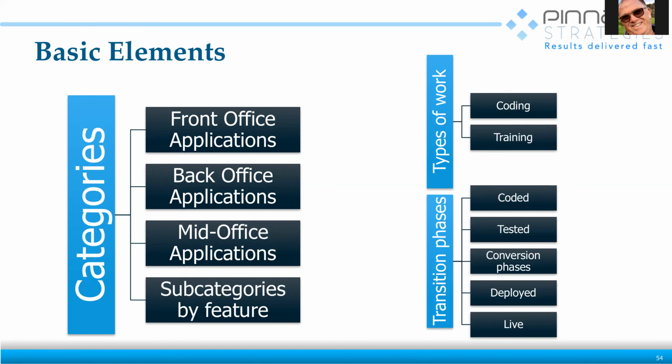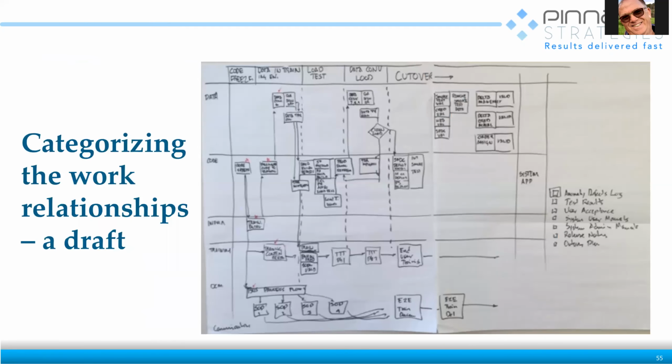And of course, it was hard for us to make sense of that PowerPoint presentation. So we started with a rough categorization of the work. And we're building the connections between the different task elements, and we've got different categories. So we've got code freeze and data in the training environment, load test, data conversion load, cutover processes.